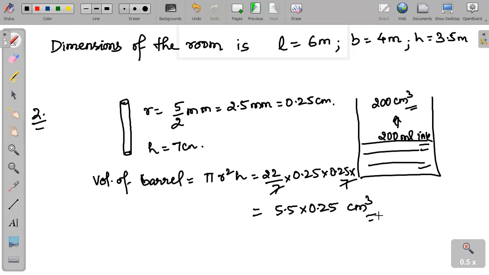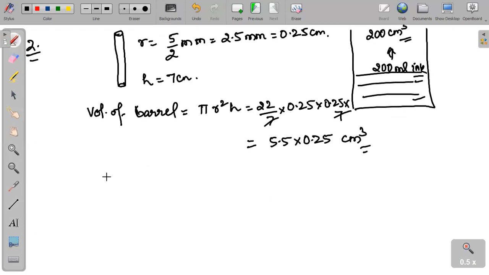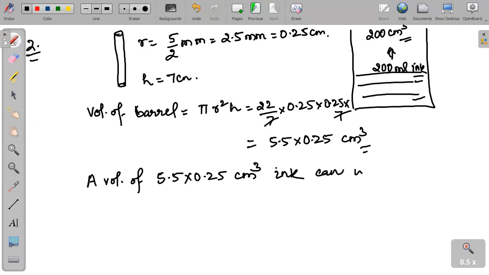Now this much volume of ink is able to write 310 words on average. A volume of 5.5 into 0.25 centimeter cube ink can write 310 words.